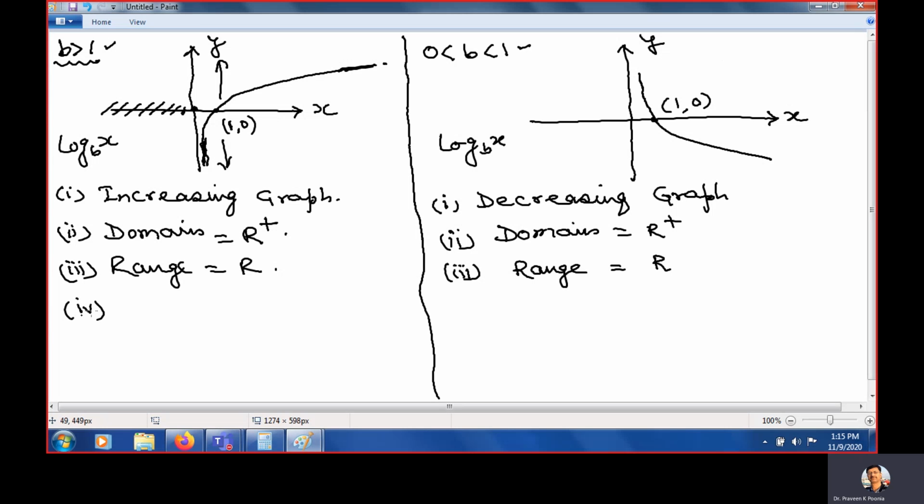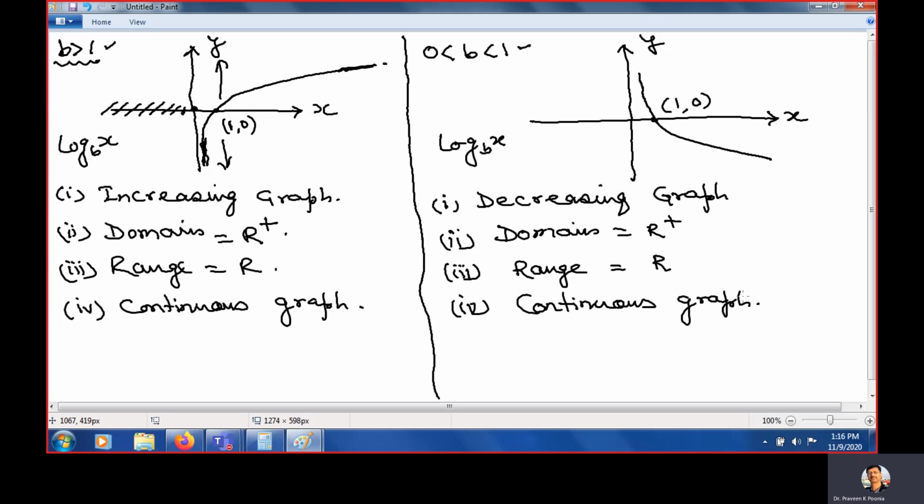And the fourth property is all the graphs of logarithmic function are continuous graphs. There is no break anywhere. Clear?